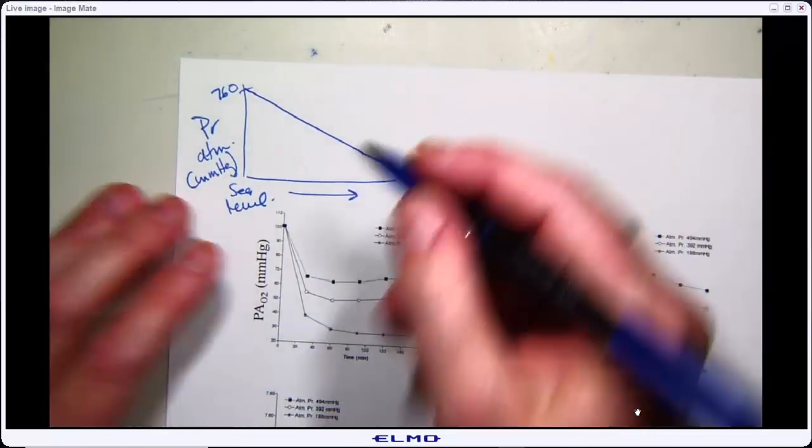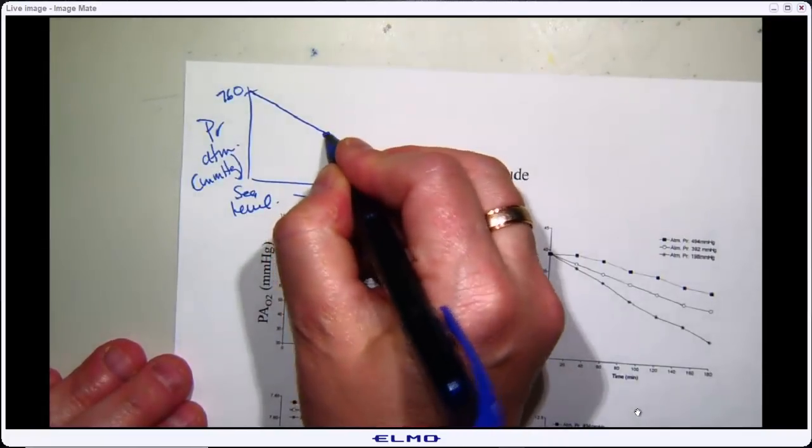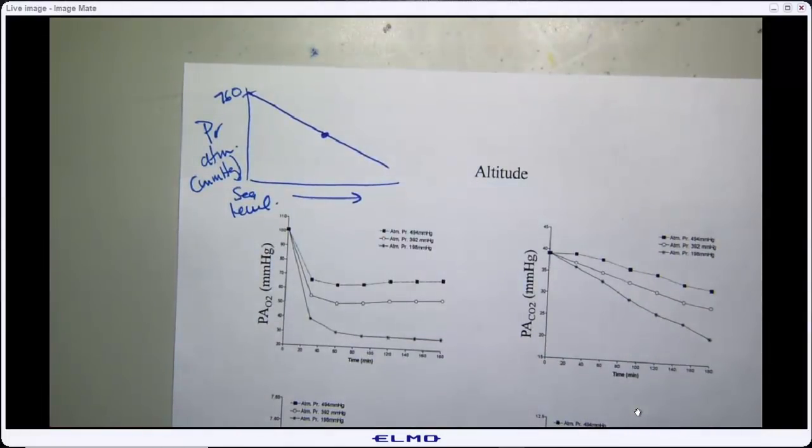Perfect. So because oxygen is a partial pressure of that, we've been dealing with 20% or 21% of 760 millimeters of mercury, right, is what we've been dealing with here. But suddenly if you drop atmospheric pressure by half, then you drop the partial pressure of oxygen by half.